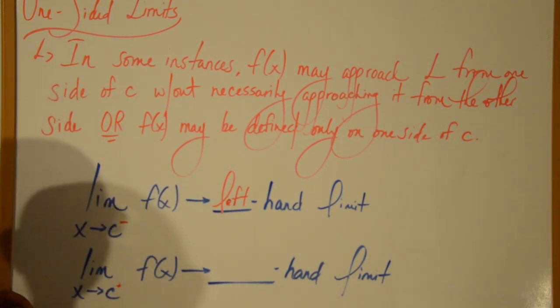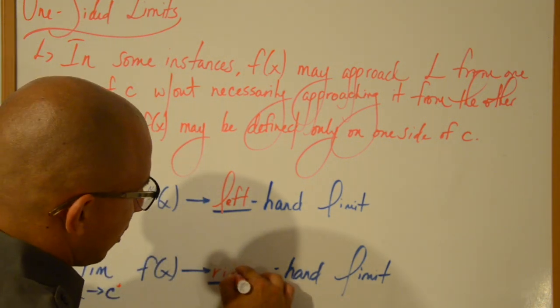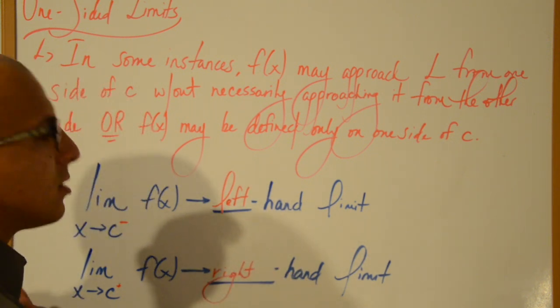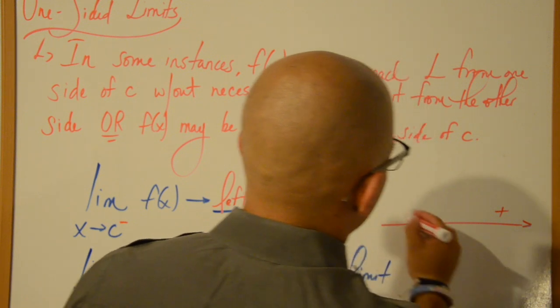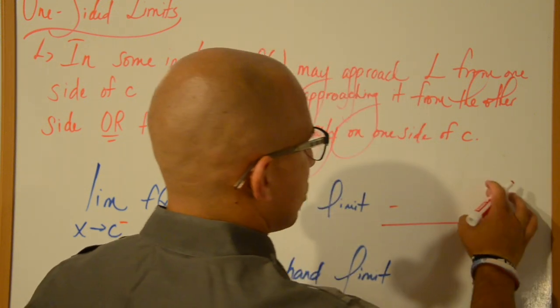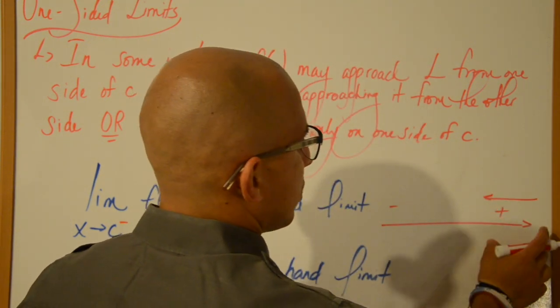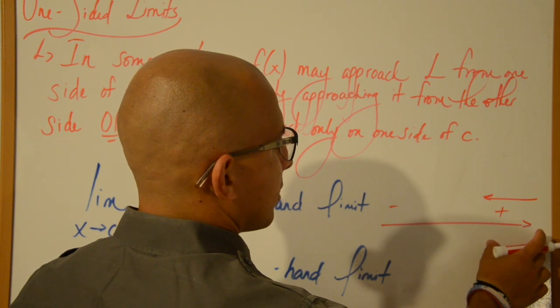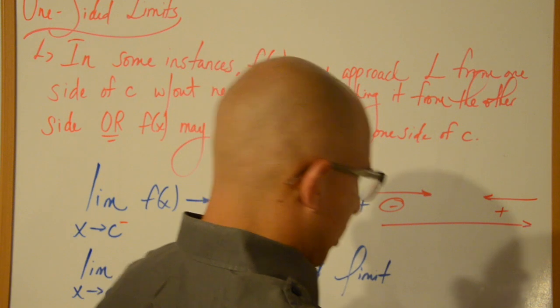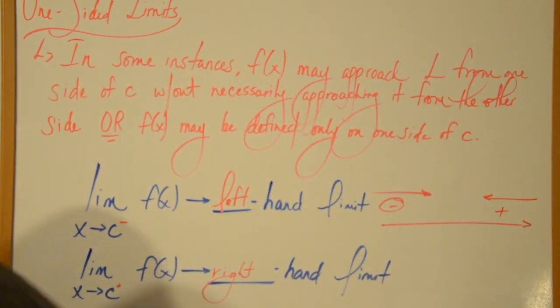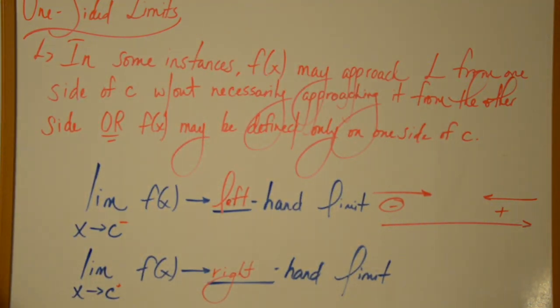If we do a miniature plus sign, that would mean the right-hand limit. And then you think of the number line, right? Our positives here, our negatives there. So we're approaching a limit from the right, we're typically coming in from the positive aspect, and we're approaching a limit from the left, we're coming in from the negatives. Okay. So a little symbology.